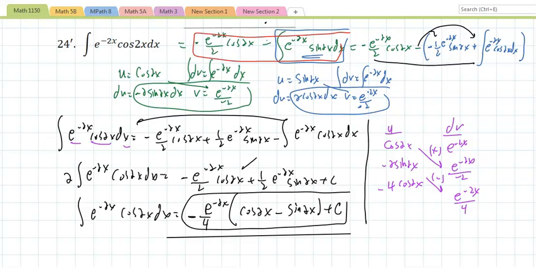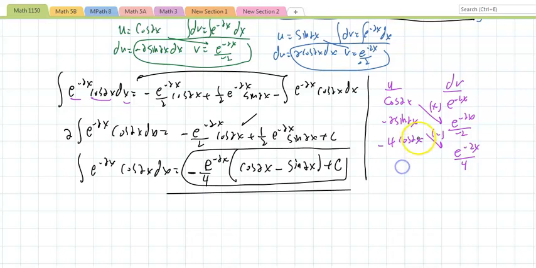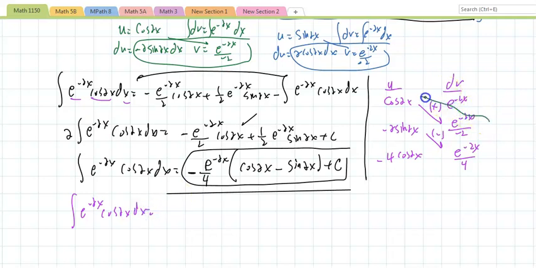So the way it works here, I just gotta space this, right? So we don't lose track. So this integral of e to the negative 2x cosine of 2x dx is gonna equal the product of those, that is negative 1/2 e to the negative 2x cosine of 2x.